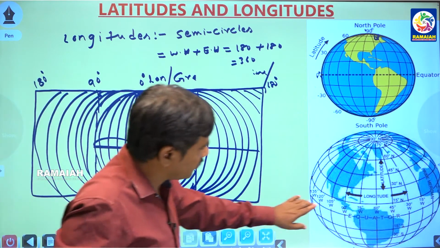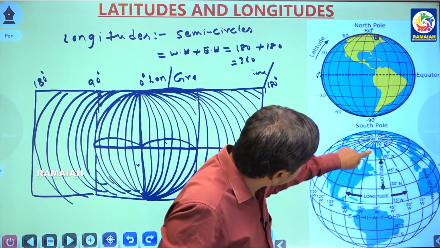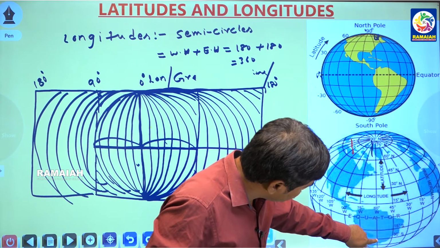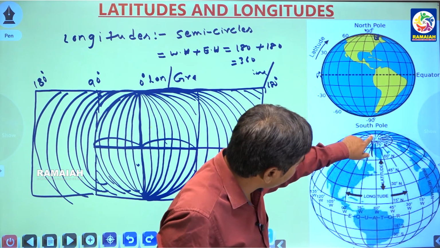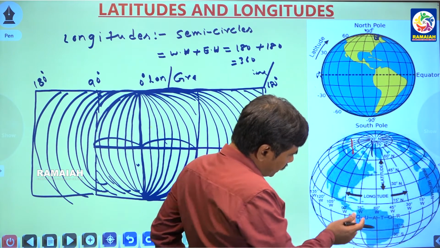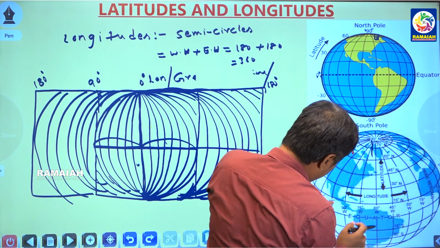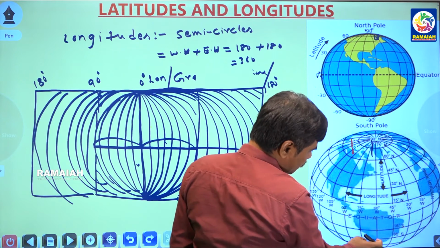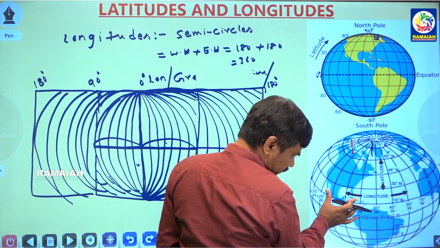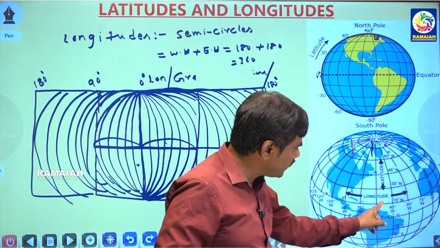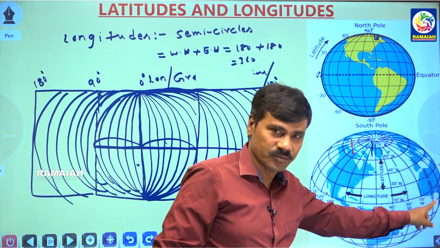Now you can observe here this is the 0 degree longitude, which is also called the Greenwich line. By the 0 degree longitude, the western part of the area is called the western hemisphere, and the eastern part is the eastern hemisphere.